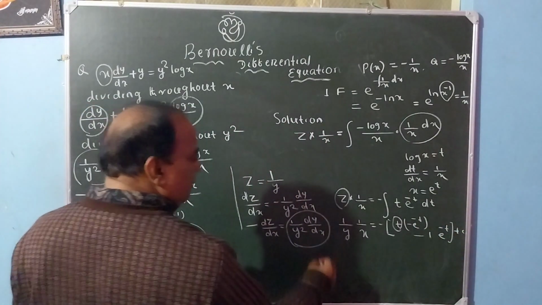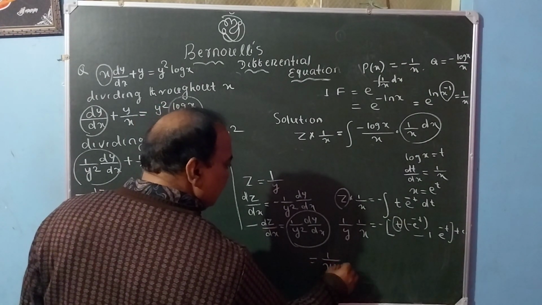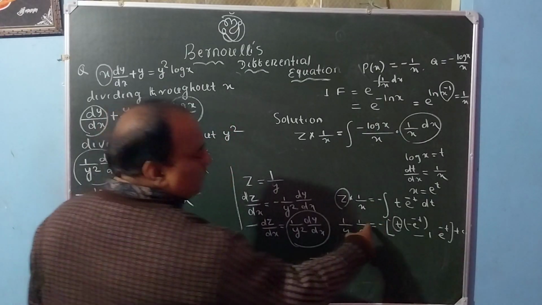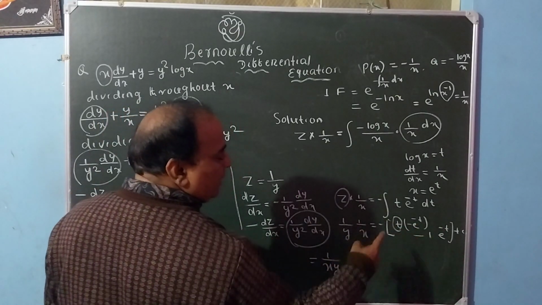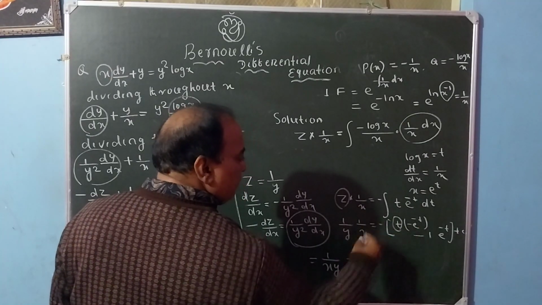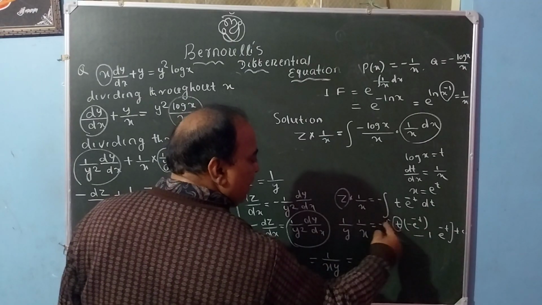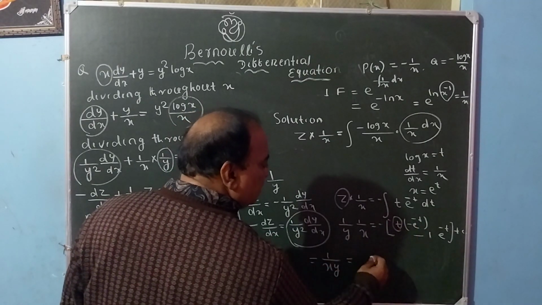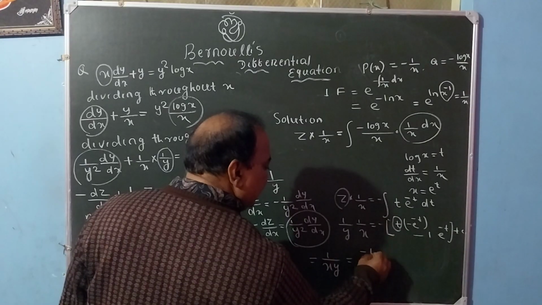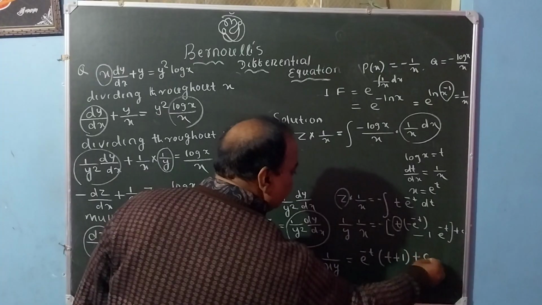So that can be written as 1 by xy is equal to minus e to the power minus t common, minus minus plus, so it is plus, e to the power minus t taken common, t plus 1 plus c.